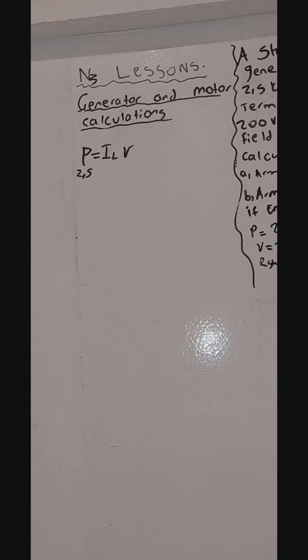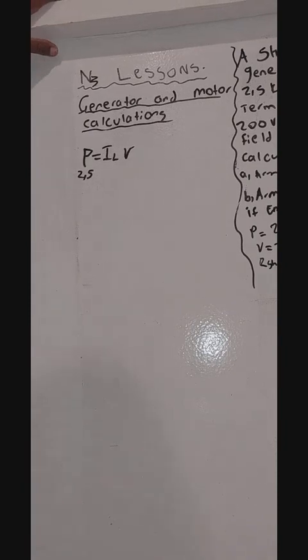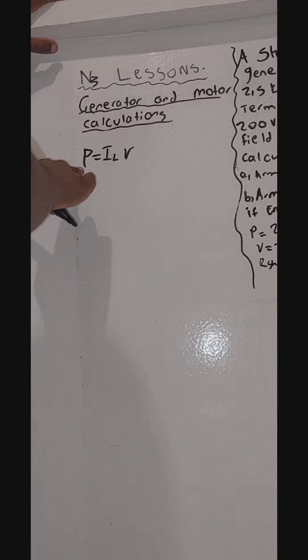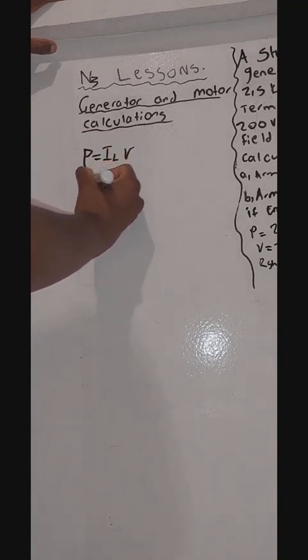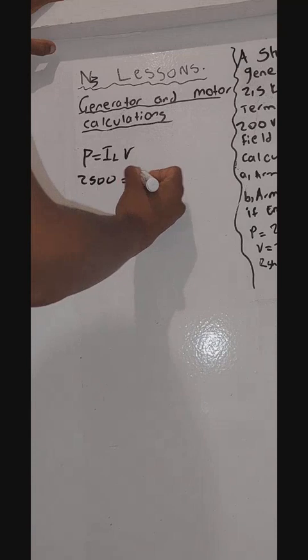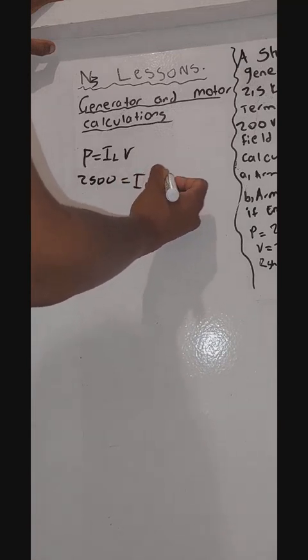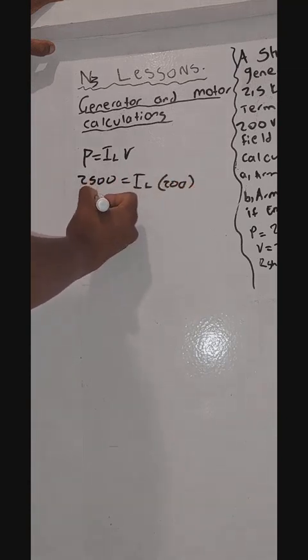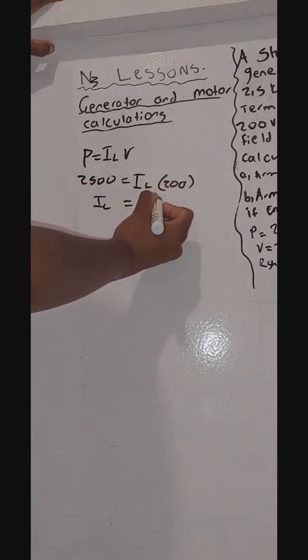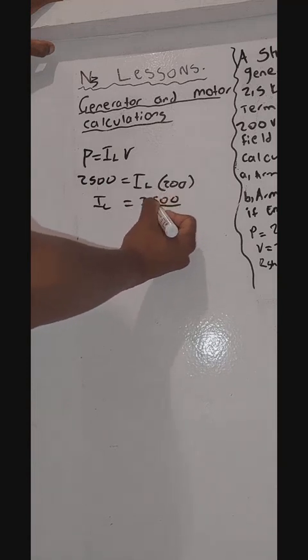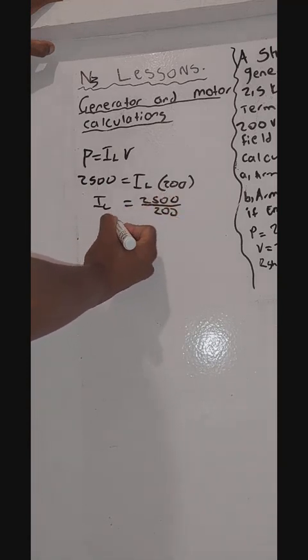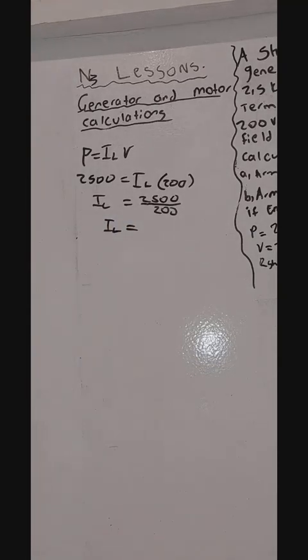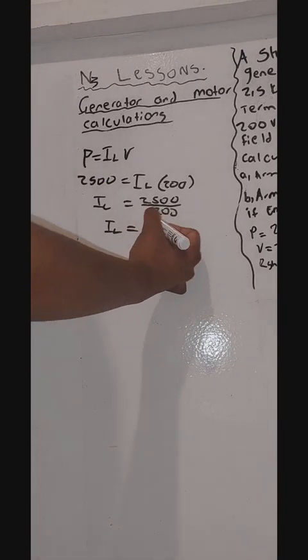So 2,5 times 1,000 is 2,500 watts, which is equal to IL times V. We were given V. V was 200, right? So IL is equal to 2,500 divided by 200. So how much is IL? 12,5A.